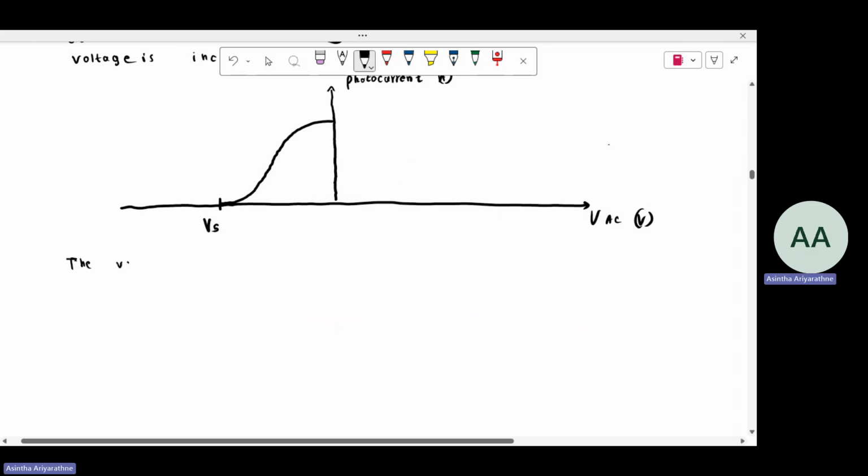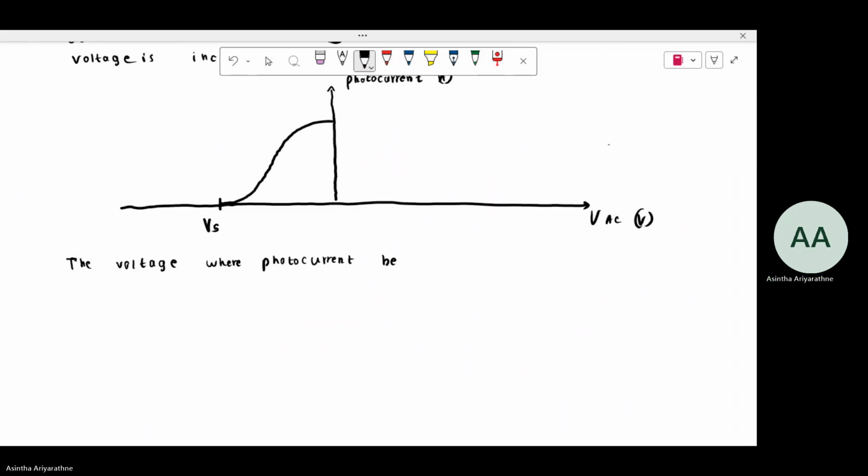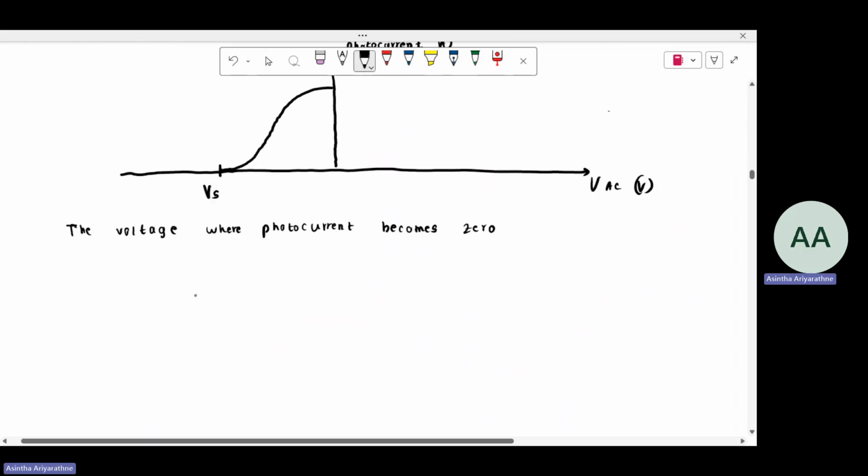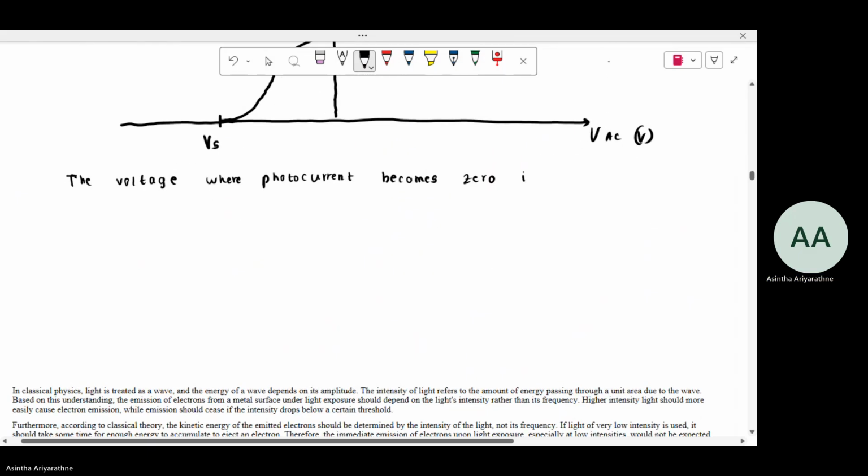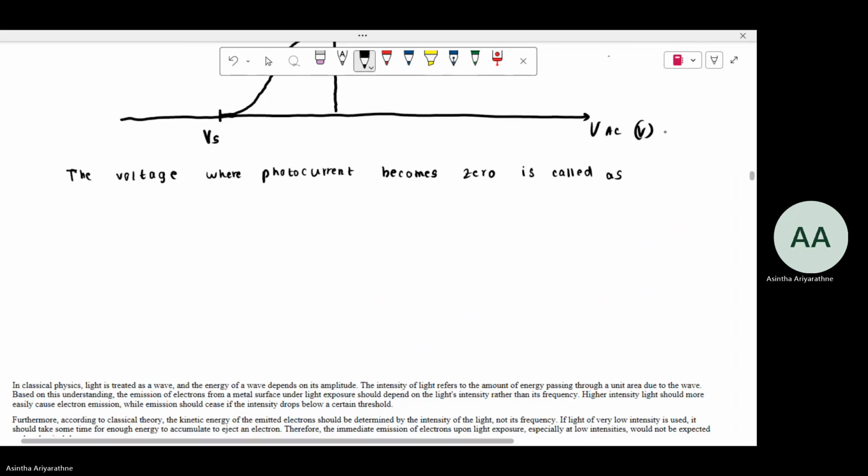The voltage where the photocurrent becomes zero is called the stopping voltage.